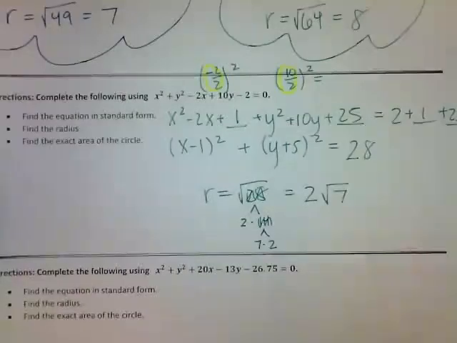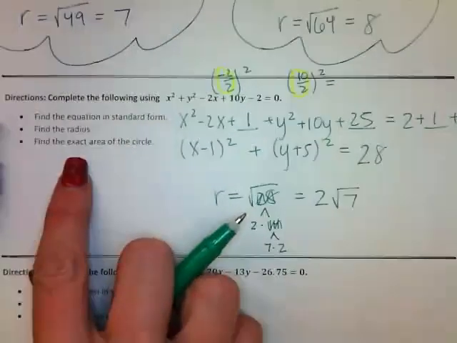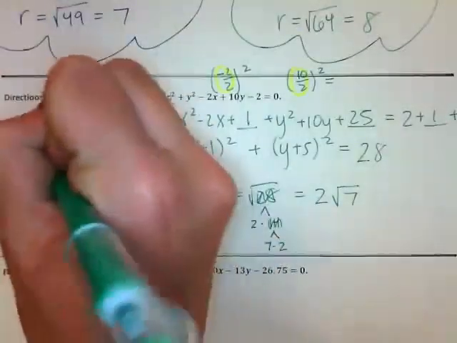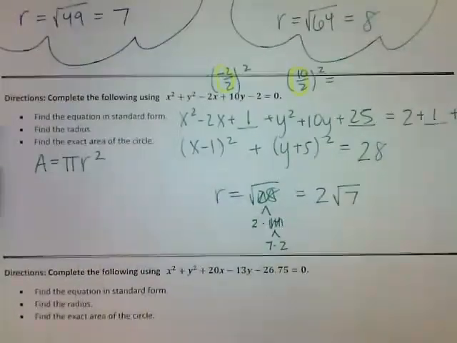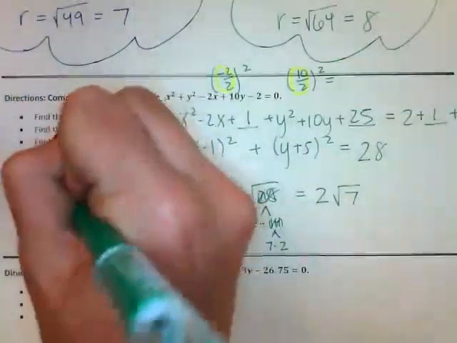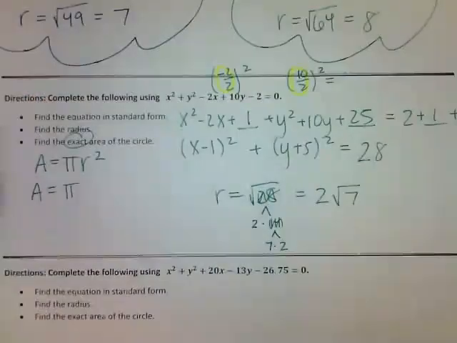Okay. Last part says to find the exact area of a circle. Area of a circle is pi r squared. So let's plug in our radius. This says exact, so there's no rounding.